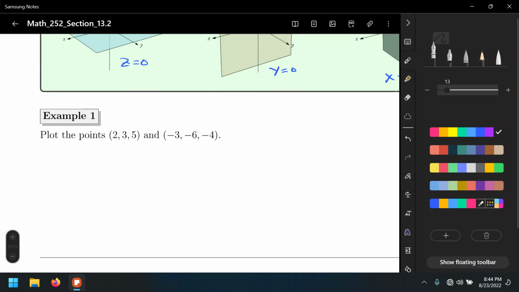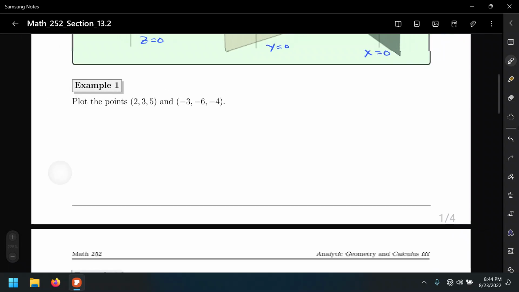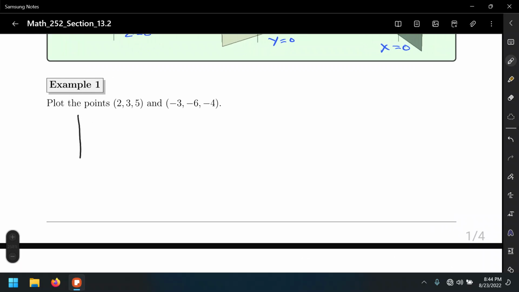Again, we need some sense of perspective to plot this. This is x, this is y, and this is z, and let's scale them. In the same way that we plotted points in 2D, 2 units in the x direction, 3 units in the y direction, but in this case we add 5 units in the vertical z direction.